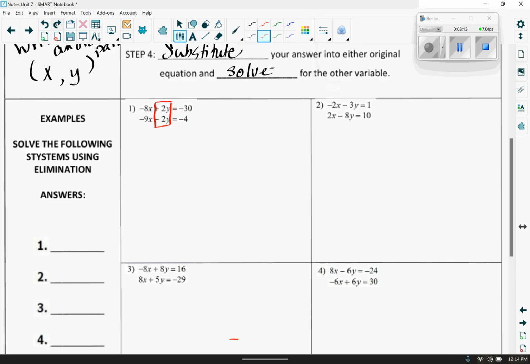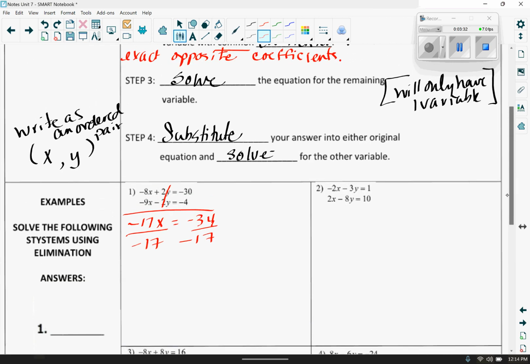So if I just combine like terms, these are going to go away, and I end up with negative 17x is equal to negative 34. And then I can just divide by negative 17. And to be quite honest with you, right here, we're already at step 3 when we're solving for that variable. So x is equal to 2.